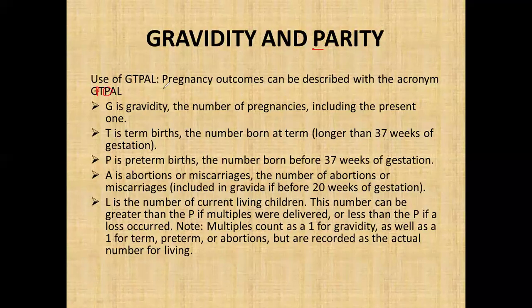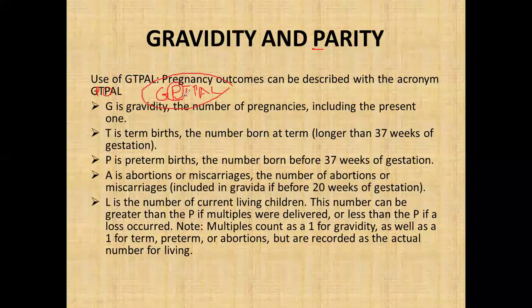If they include the parity, it will be just after the gravidity. Then you have your T here, and then your P here, A here, and then L. So this is where they are including parity.